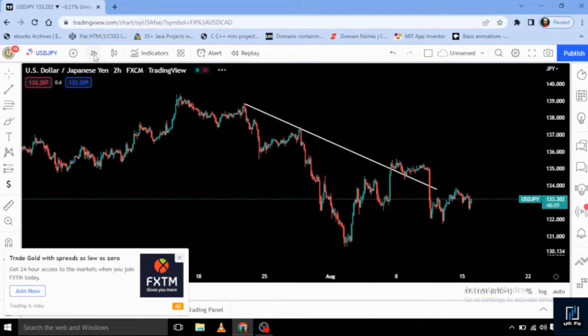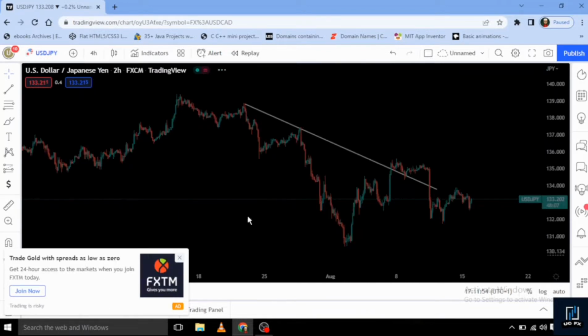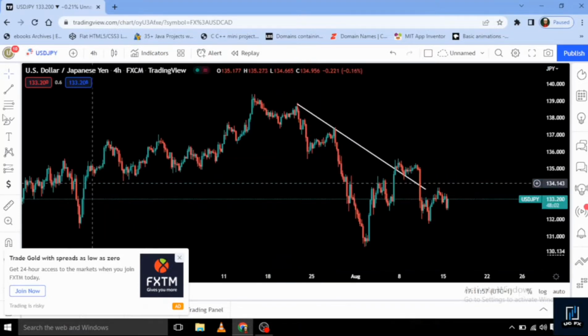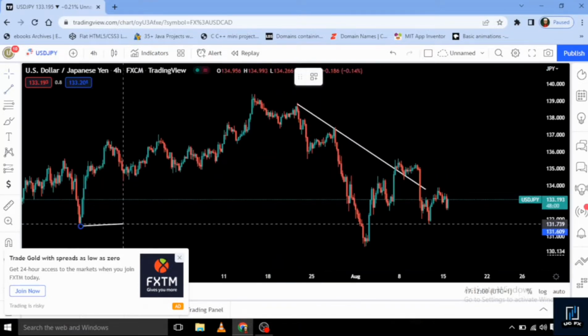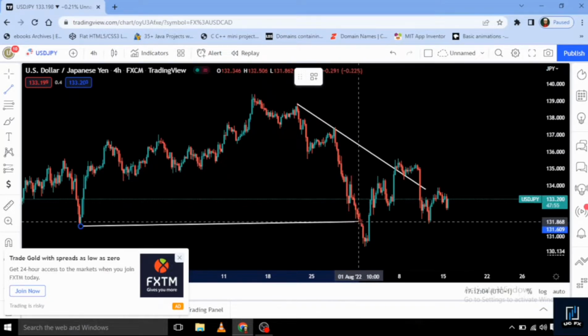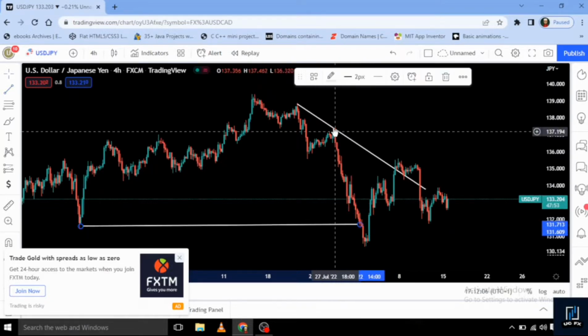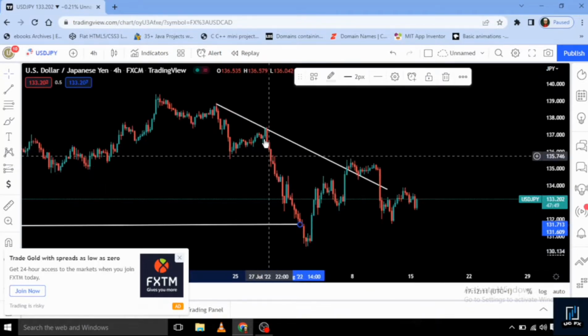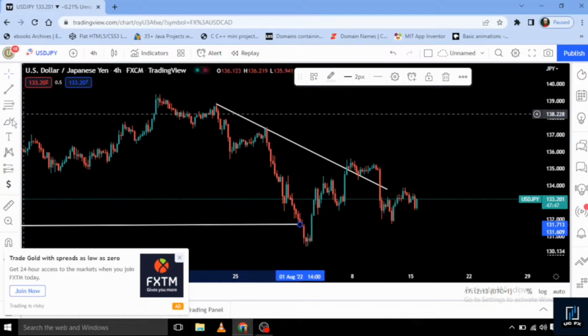Let's go to the H4 time frame. So here on the H4 time frame, we had this break of structure. So we need to consider this range. Looking at this range from this point to this point, we have this other block here.